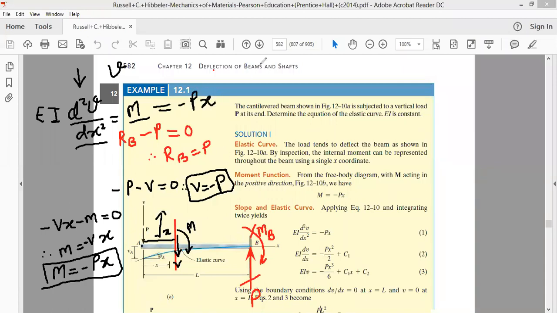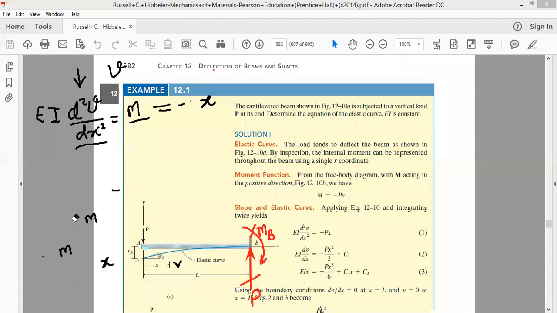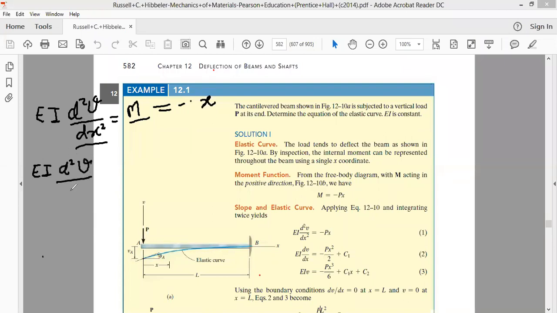So our equation gets reduced to, we can now write the equation that we have now, that is EI d2 nu by dx2 is equal to minus P of x.